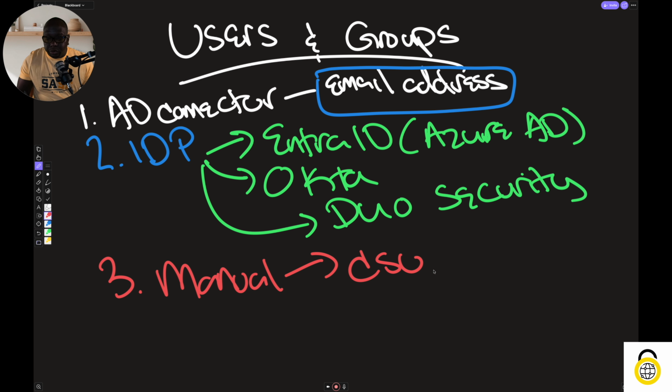Now, once you do this, there is a second piece: when you connect an IDP or an AD connector, this is where the ZTNA function comes in. Now, this is going to be dependent on IDPs, right? Secure Access does not do ZTNA based on the AD connector.